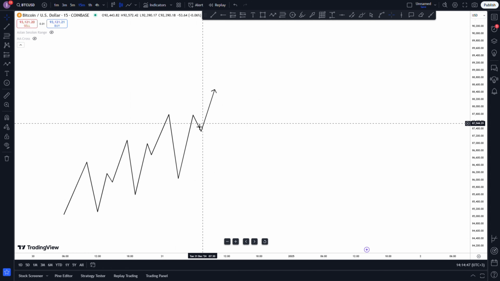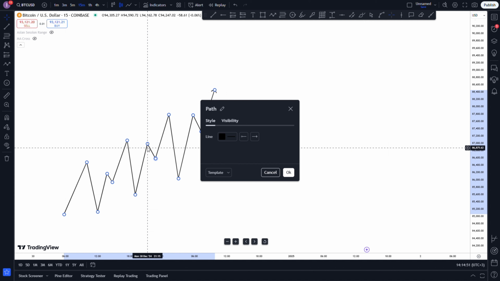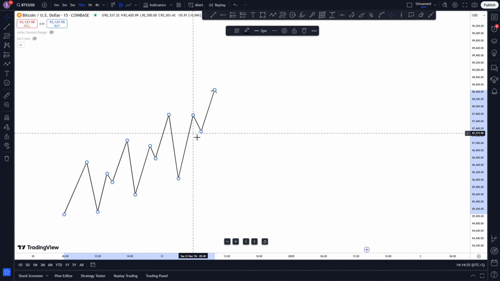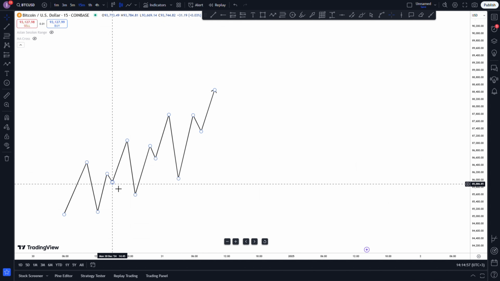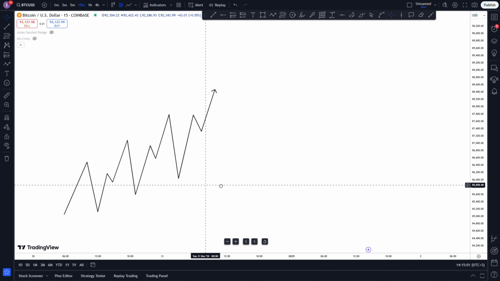So this is realistically how the market moves, because the market never moves in a straight line like I had illustrated earlier. Market creates such pullbacks. If you're able to recognize these pullbacks, you're good to go with SMC.